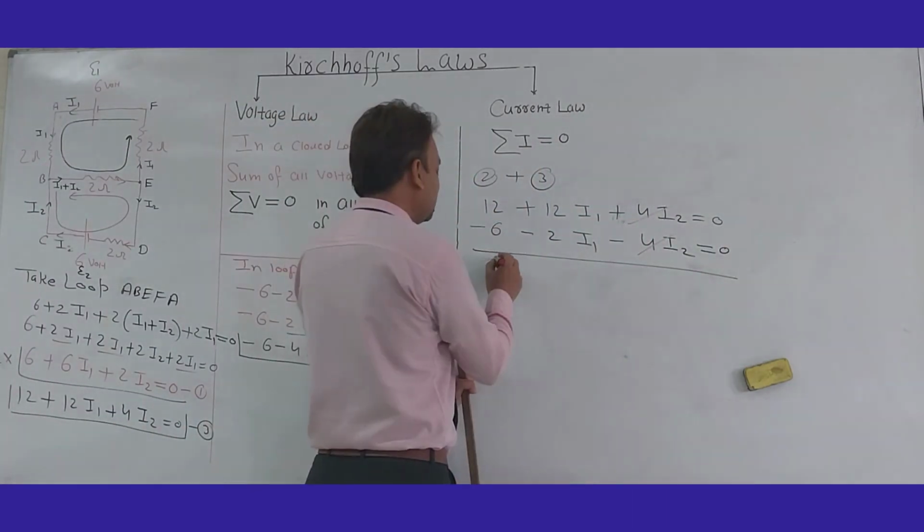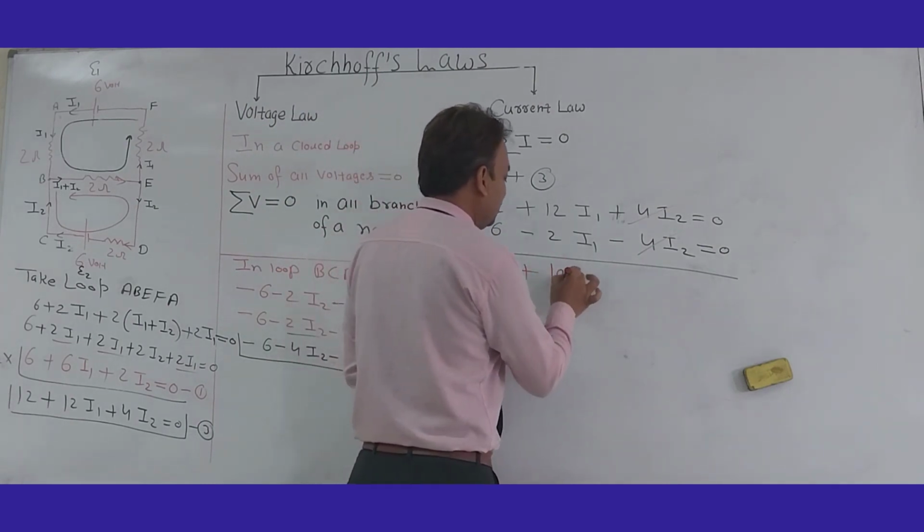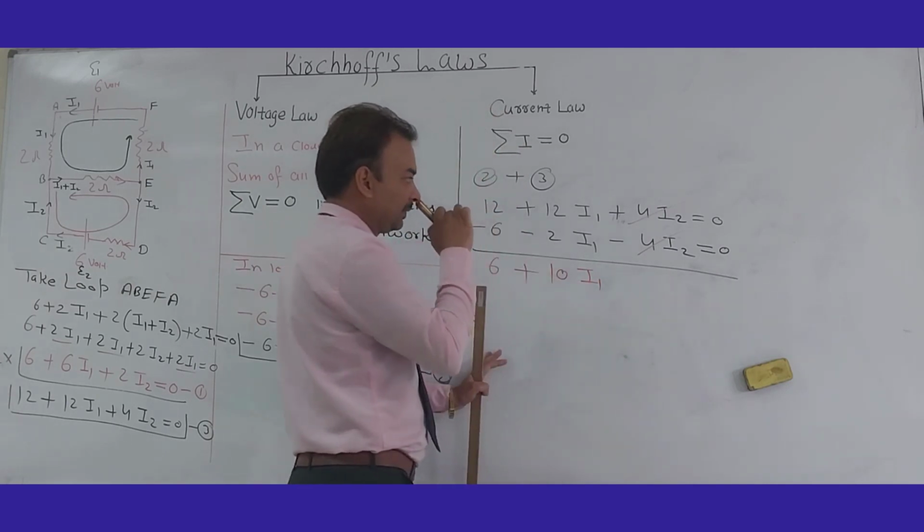So 12 minus 2 is 10 I1, and minus 6, so 10 I1 minus 6 is equal to 0.